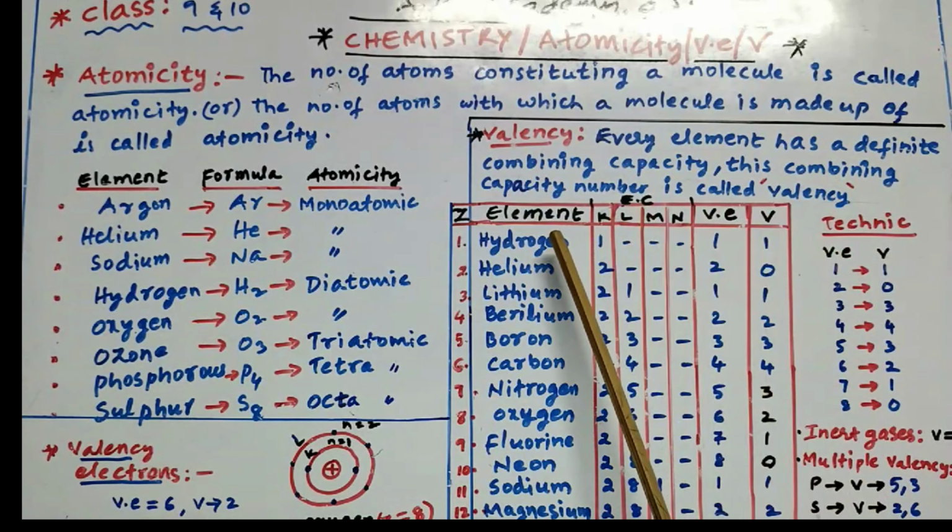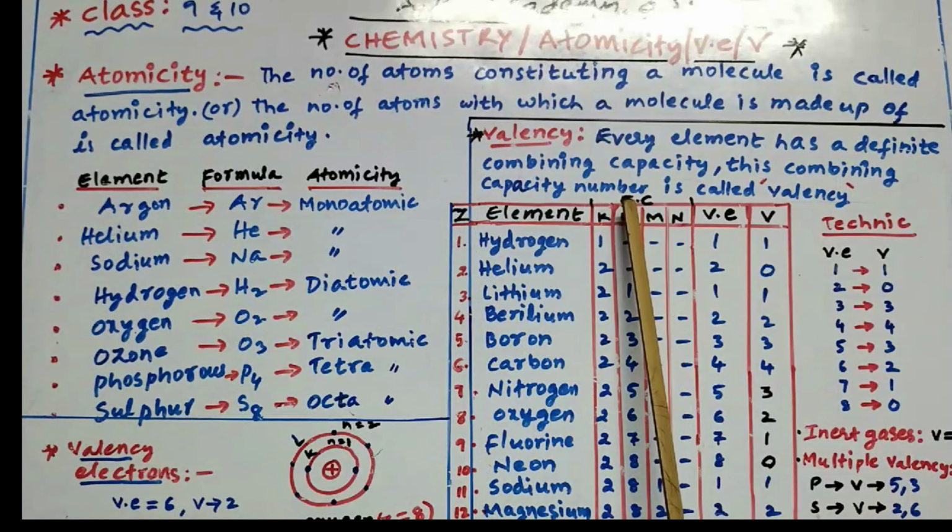From elements 1 to 30, I took 12: hydrogen, helium, lithium, beryllium, boron, carbon, nitrogen, oxygen, fluorine, neon, sodium, magnesium, up to Z value 12. And the electron configuration is the distribution according to Bohr-Bury.